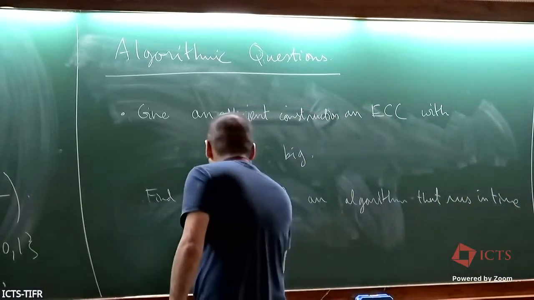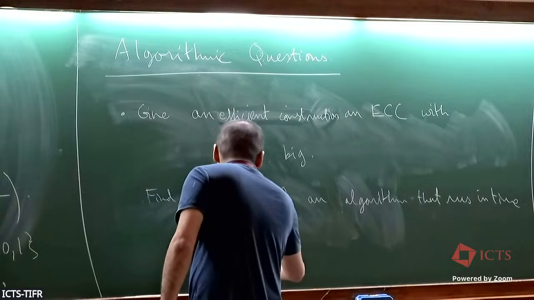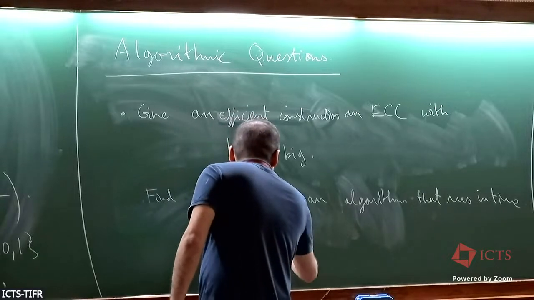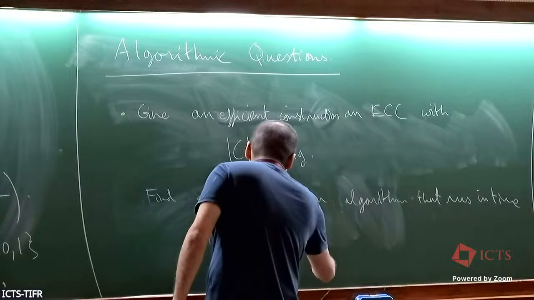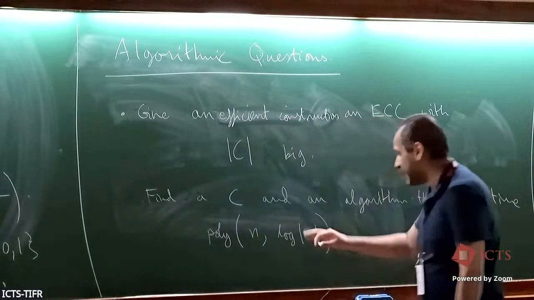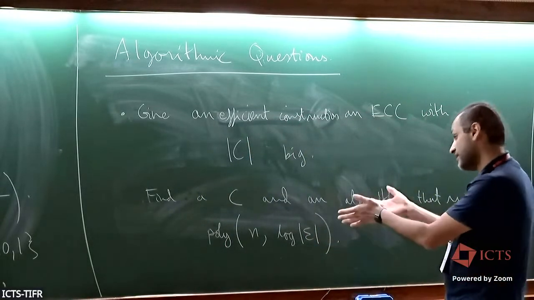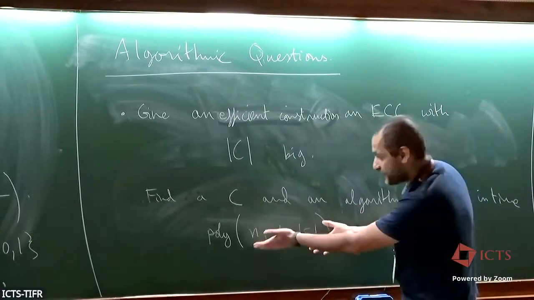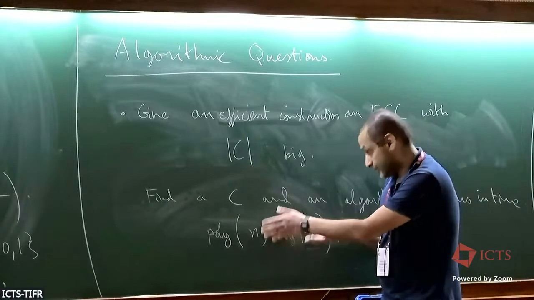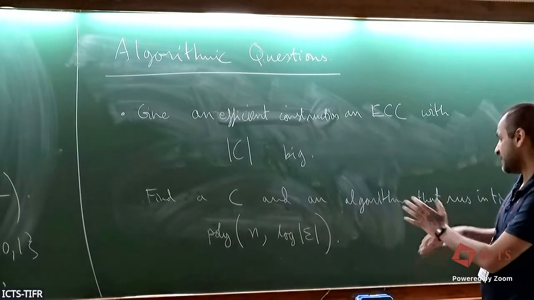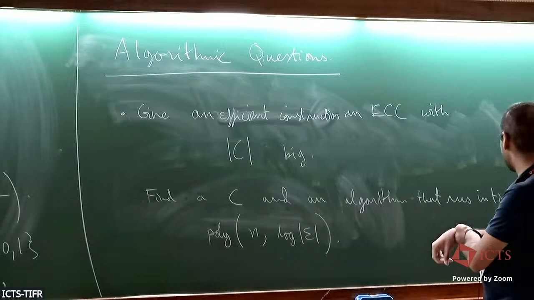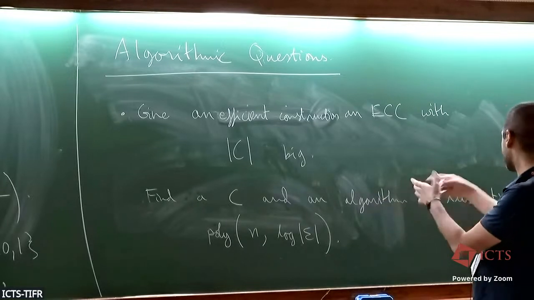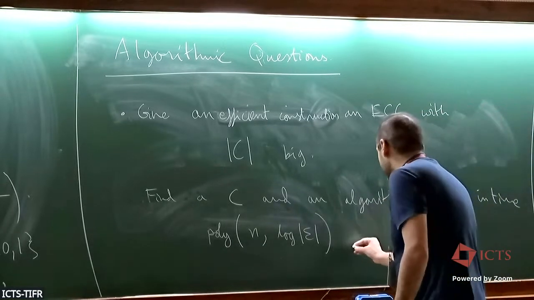So fast for me, I guess I get poly in n and log of the size of the alphabet. That is, I mean, a code word is ultimately specified by a string of this size. So this is the standard for what we mean to find it efficiently.